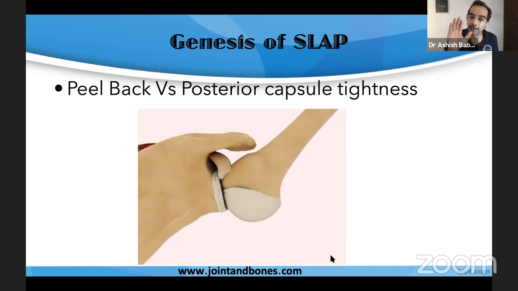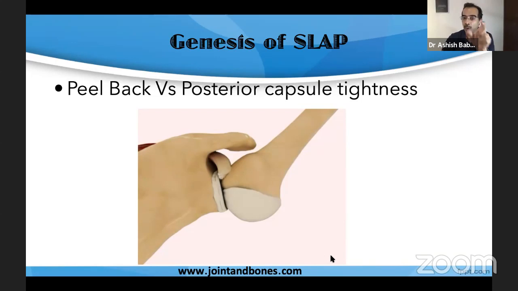Posterior capsule stretching is well understood for GIRD. What is not well understood is the subscap strengthening. There are only a few conditions where you would proactively do subscap strengthening on an already strong muscle. One of them is the SLAP. And this tells you the genesis of the internal impingement and the development of SLAP.